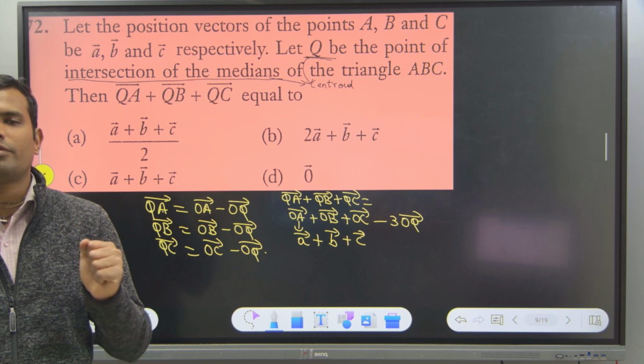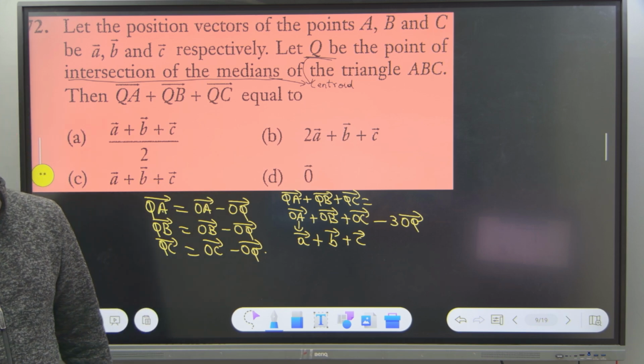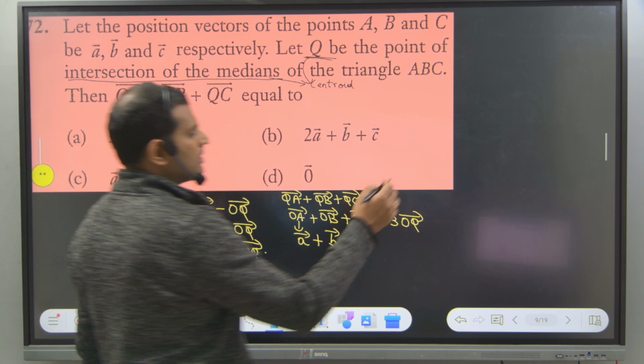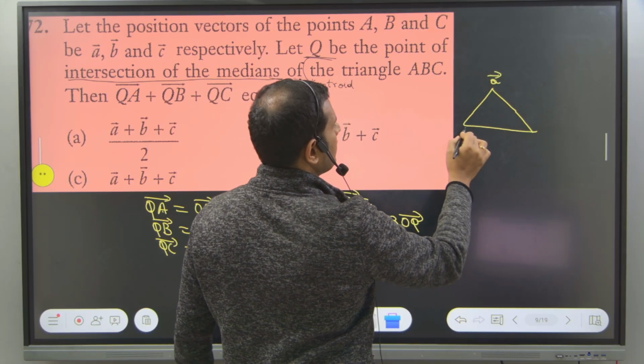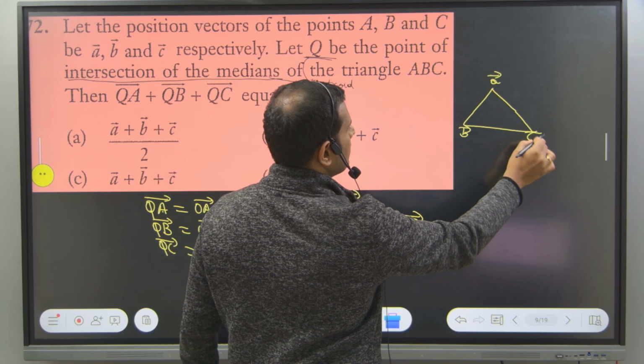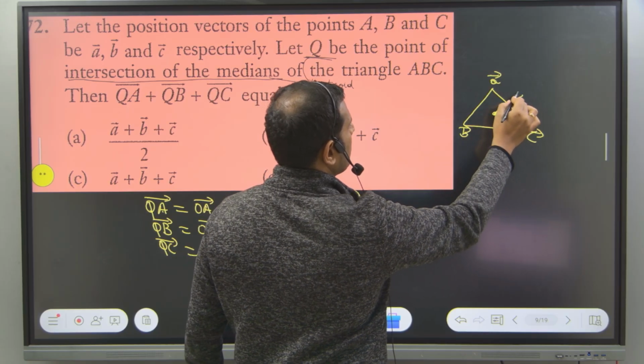What is the formula for centroid of a triangle? How will you find centroid? If this is vector A, this is vector B, this is vector C, what is the formula for the centroid?